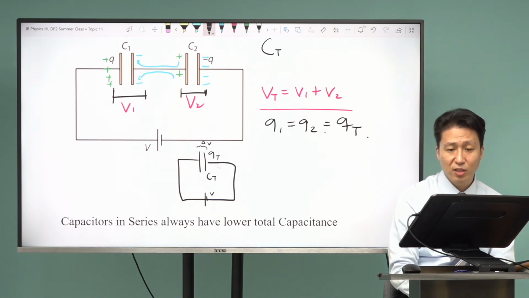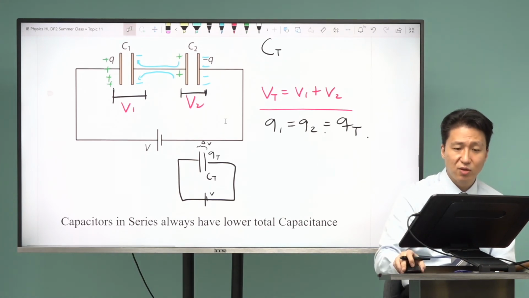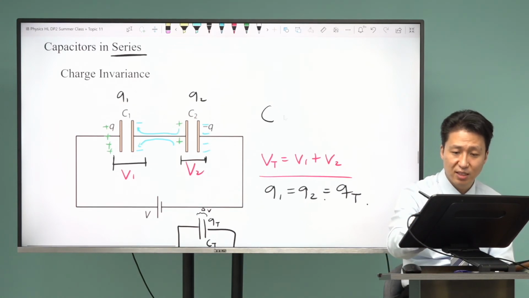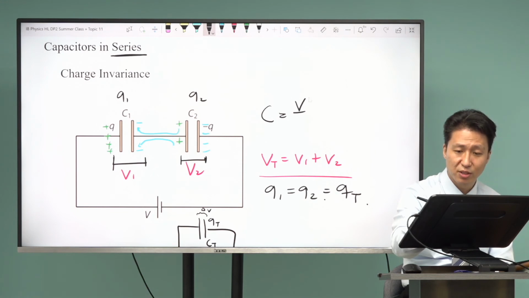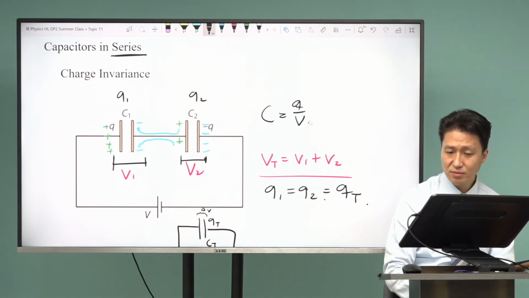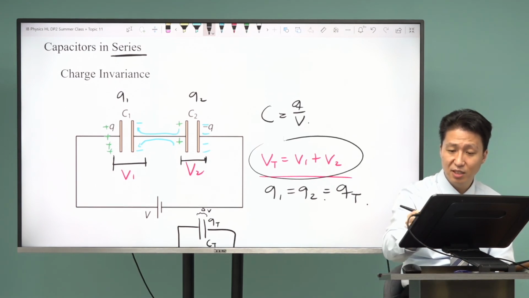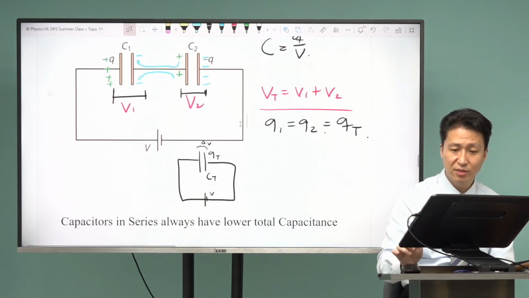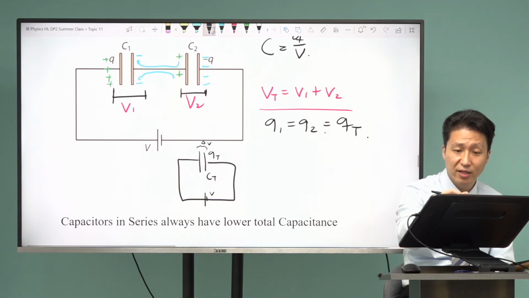So what do we do? Again, what was the equation for capacitance? Capacitance was equal to the charge per voltage. So let's divide by charge.